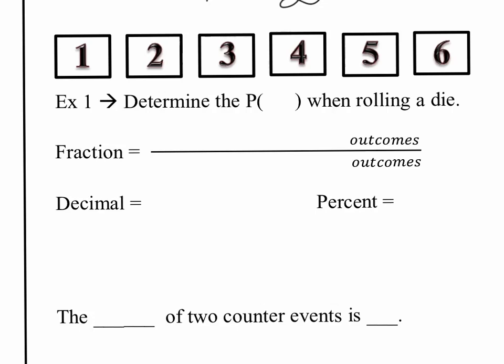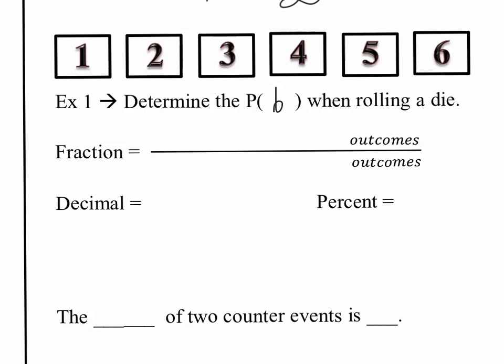Example 1. Determine the probability of a 6 when rolling a die. A die is a number cube. We use the word dice for 2 and die is for 1. There's a 1, 2, 3, 4, 5, and a 6 on a die.